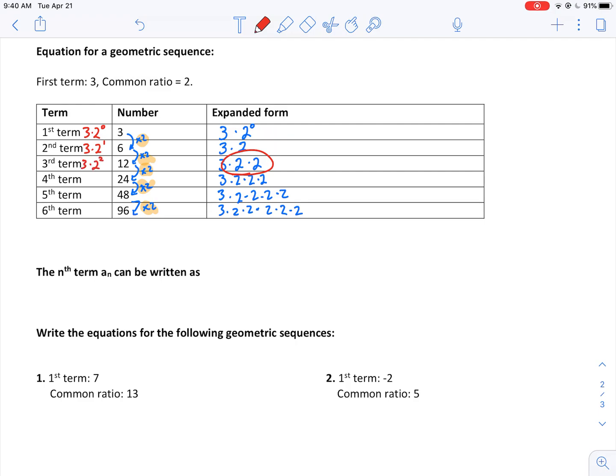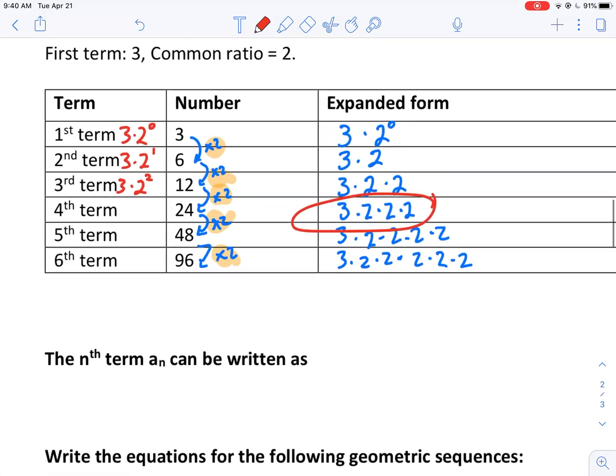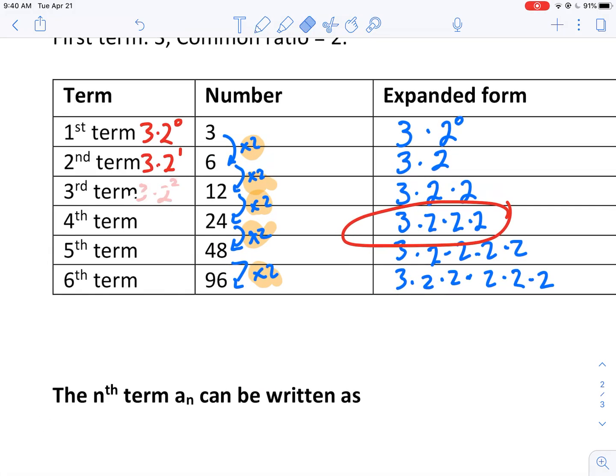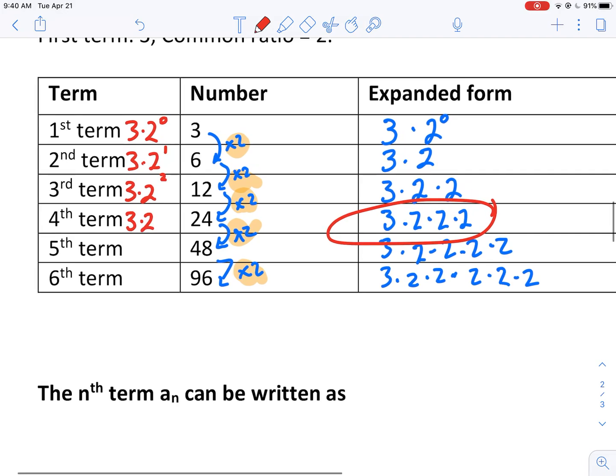My third term, I had 3 times 2 times 2, but how can I rewrite 2 times 2? What's another way of expressing 2 times 2? Well, I could write that as 2 squared. Okay, what about 2 times 2 times 2?